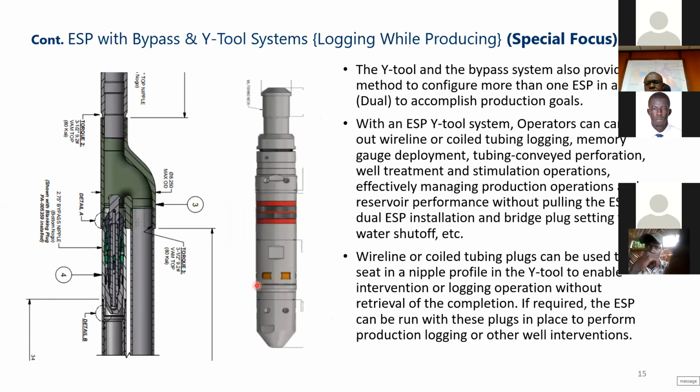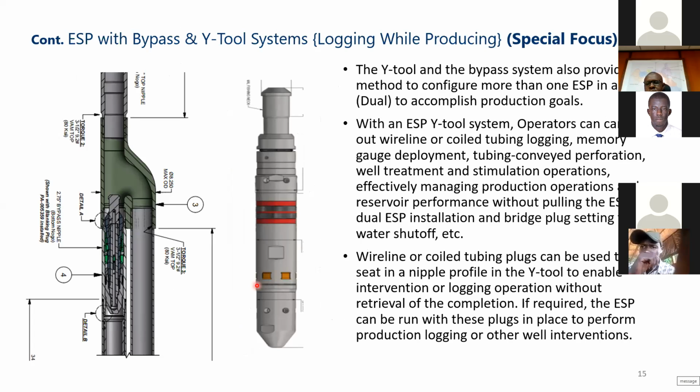Continuing on the ESP with bypass and Y tool systems. This system gives the operator an option of logging while producing, or running any stimulation tool, or doing any stimulation operation while the ESP is in the well. We know pulling out an ESP comes with its cost, right?